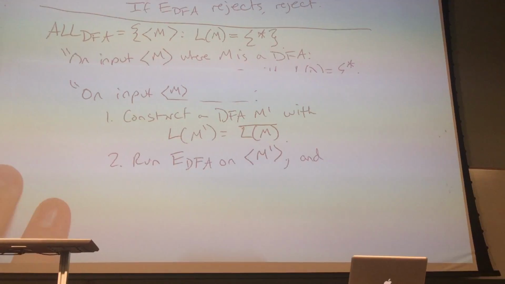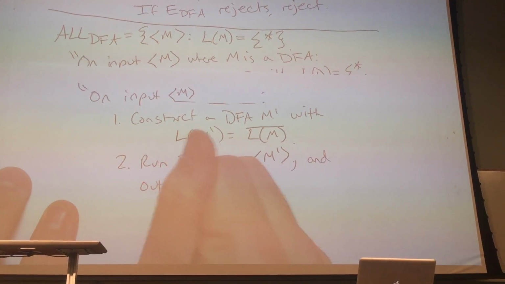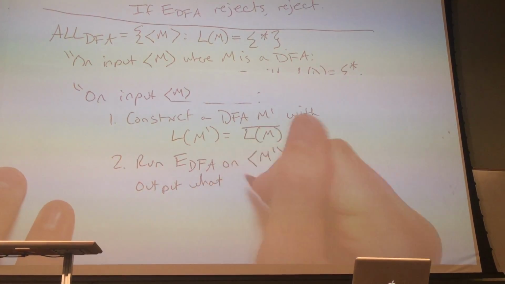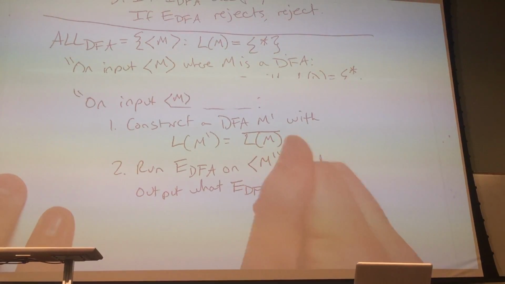And so I'm going to do it a different way and output what E sub DFA said.